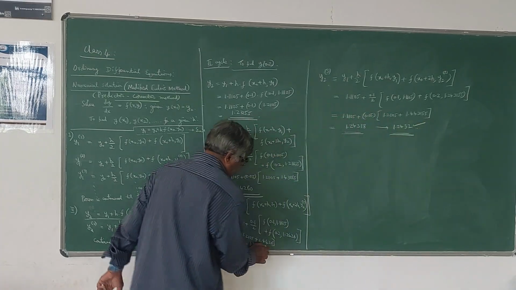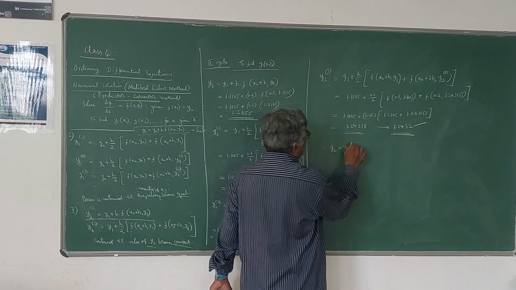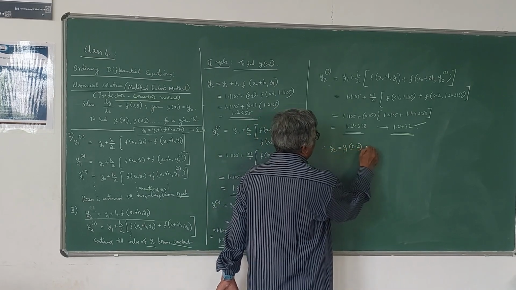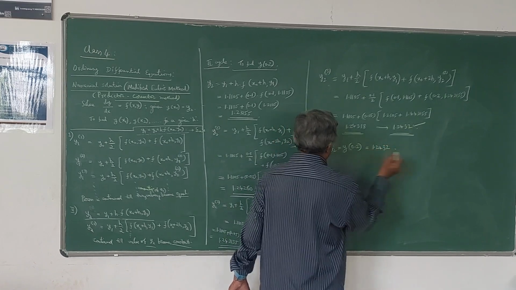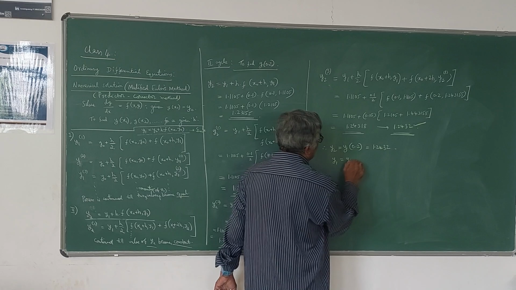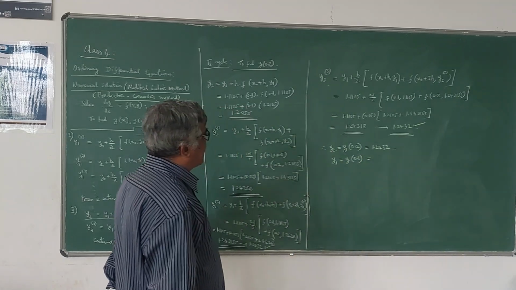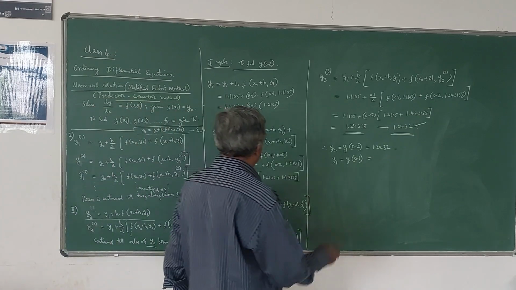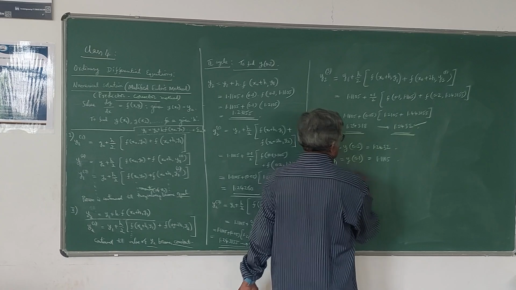I have rounded to 4 digits. Therefore the value of y2, that is the value of y at x equal to 0.2, is 1.2432. And we got y1, the value of y at x equal to 0.1, as 1.1105. These two are the answers.